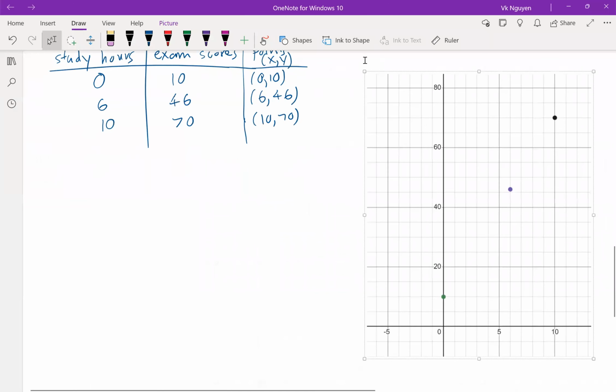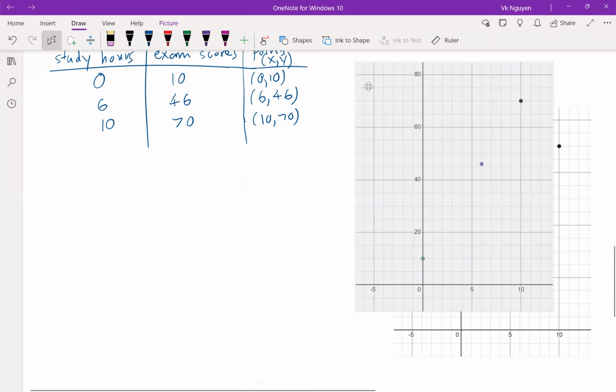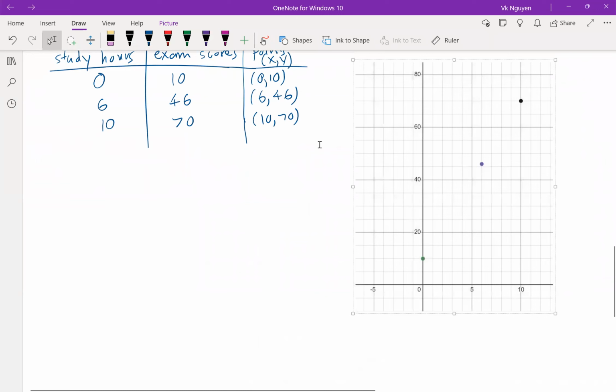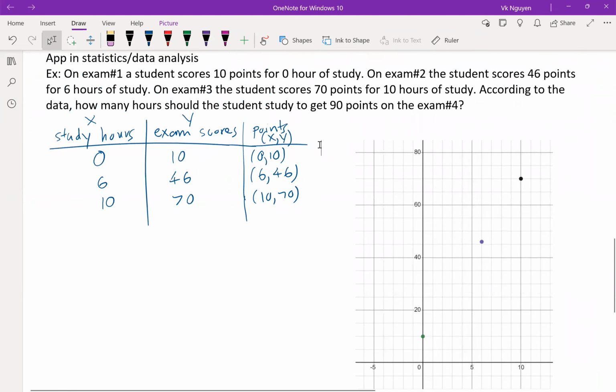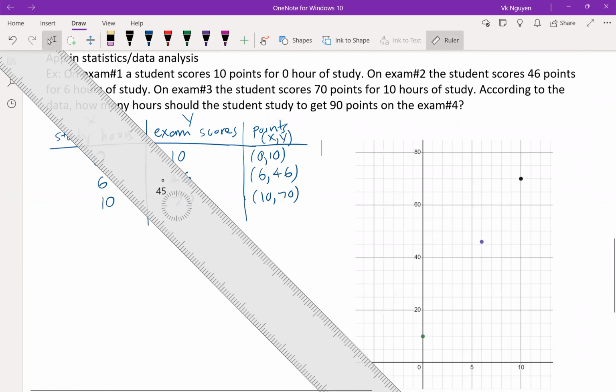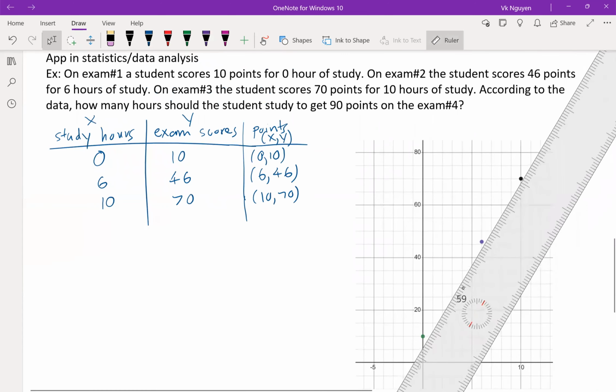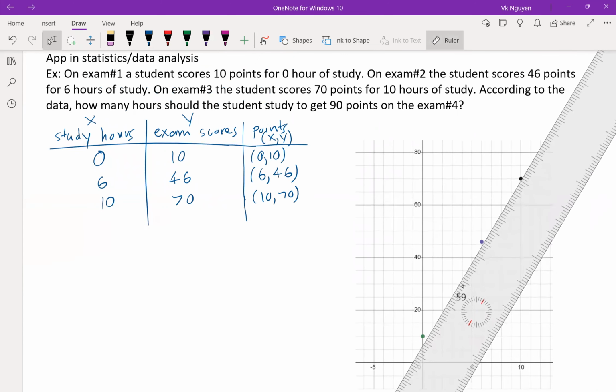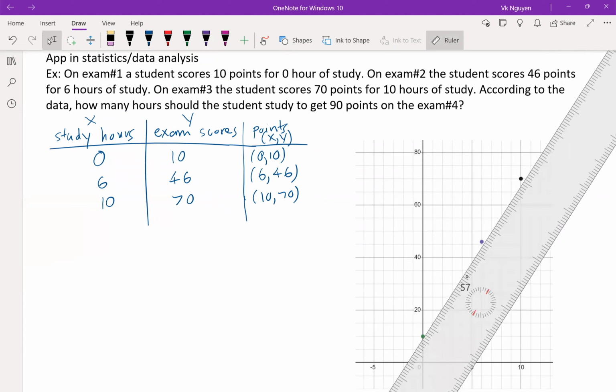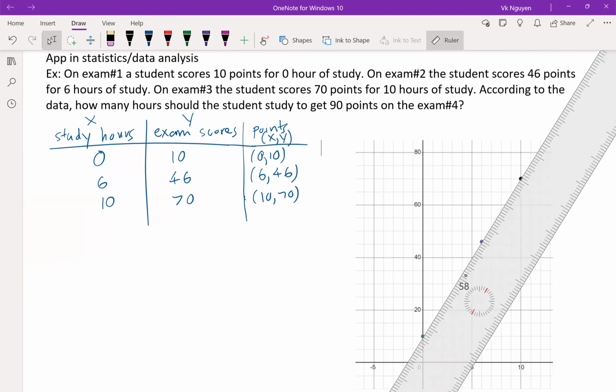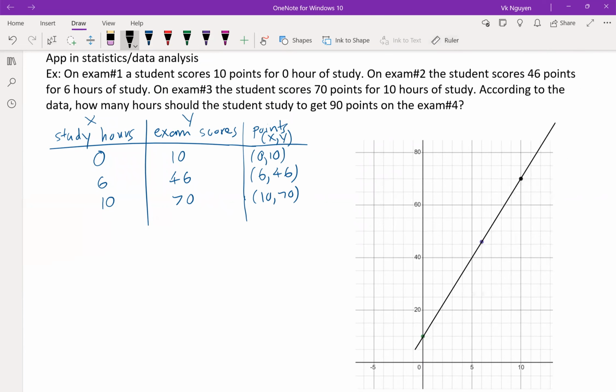Get a ruler and see, yay. You do get a straight line through the 3 points. Meaning that we can use a linear equation to model.